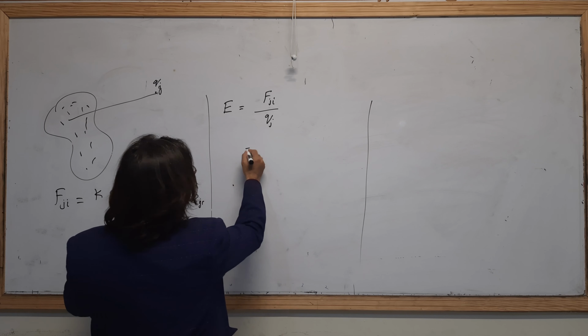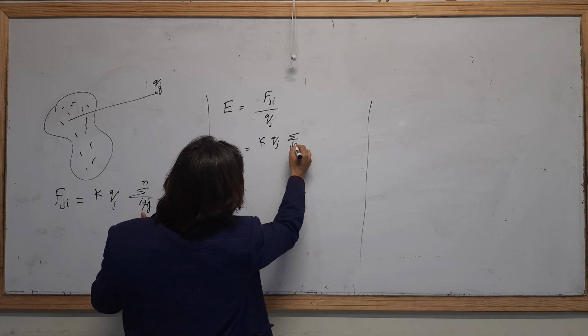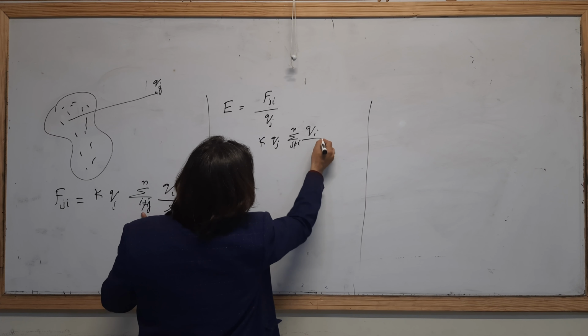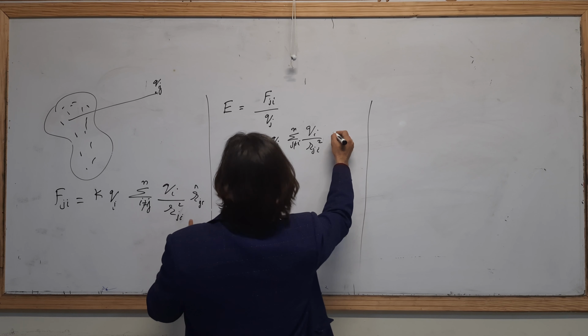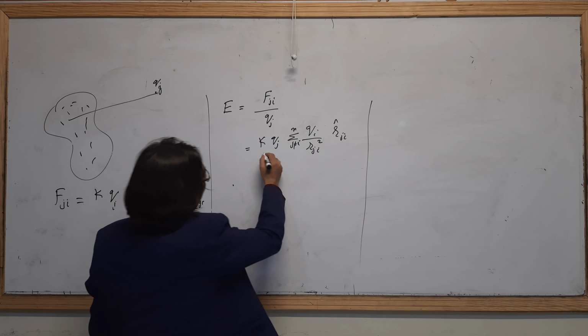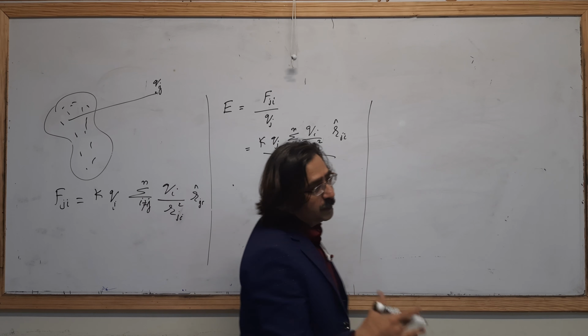For discrete charge distribution, that will be k q_j, sum over i not equal to j to n, q_i over r_ji squared, r_ji unit vector, divided by q_j. This q_j may be any charge, maybe a test charge.